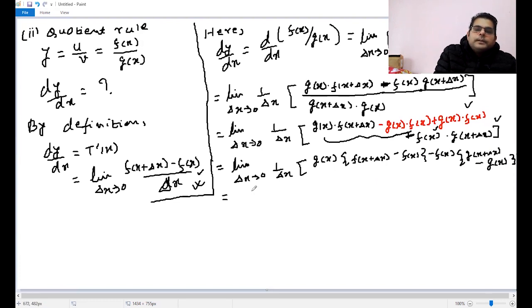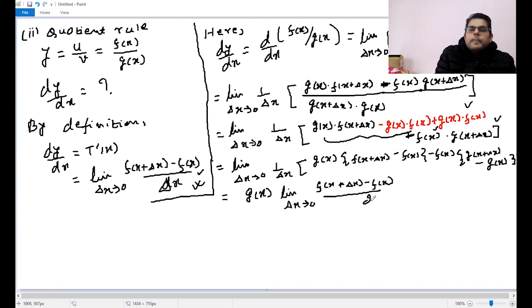So what you can write in this case is g(x), because there is no Δx in g(x), so we can take it outside of the limit, and then limit Δx tends to 0, and we have this term, f(x+Δx) minus f(x), and this Δx we divide over here, and then plus, the limit goes till over here, and here also you can see that there is no Δx in f(x).